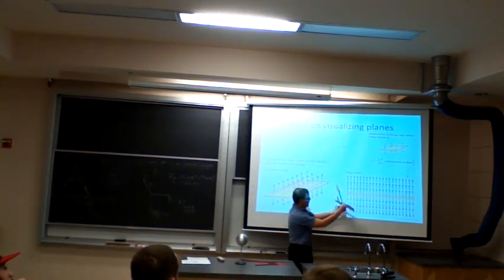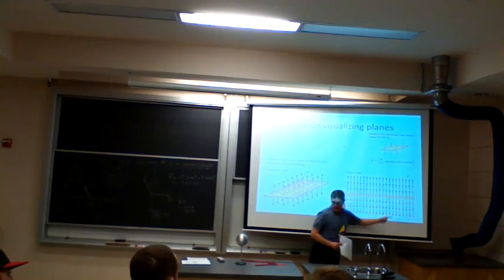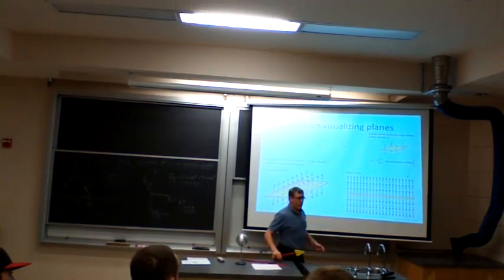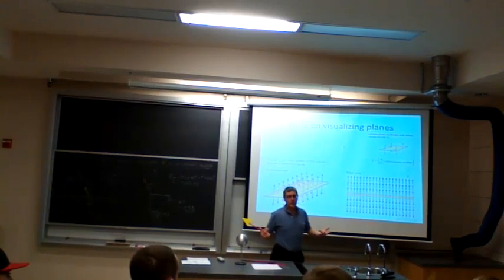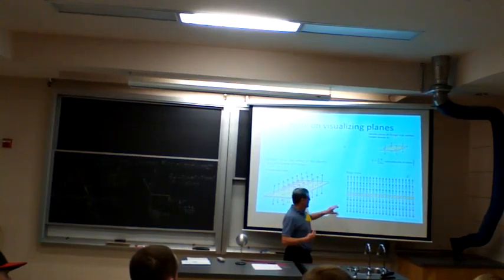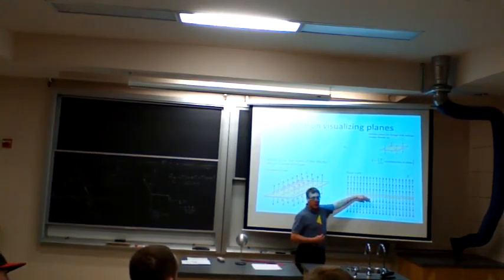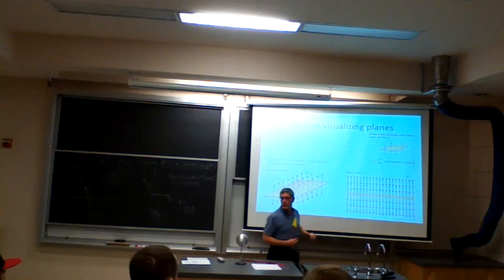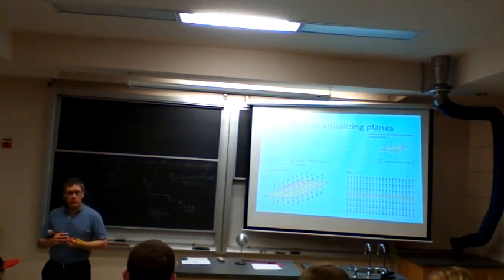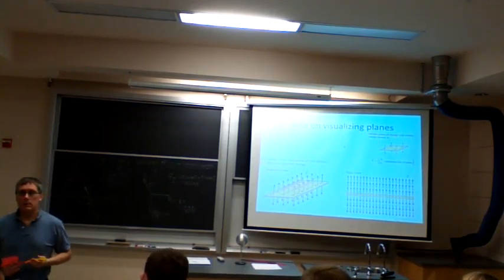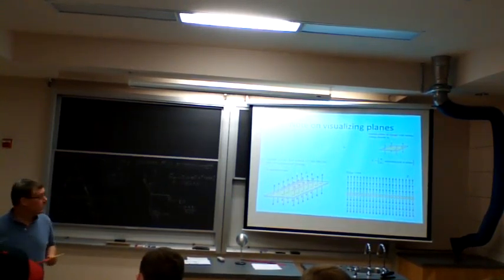If you look at it from the side, it looks like this. How can you tell that's not a wire? You really can't, okay? So you do have to be real careful when you're reading the problem. Is this an edge view of a plane, or is that the edge view of a wire? And unless you read the context, you won't be able to tell. So just be cautious for that.